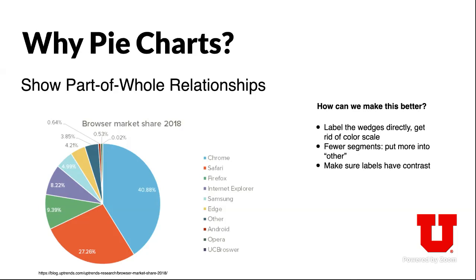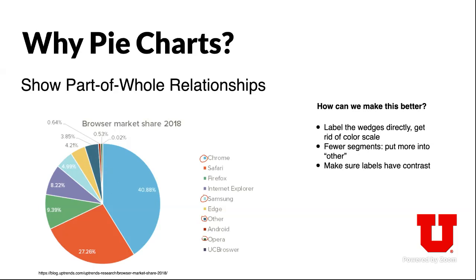The numbers here are kind of pushing the limit. So for example, Other versus Opera and Samsung versus Chrome. Samsung versus Chrome is okay to distinguish, but Other versus Opera, they are also pretty small. So I'm not completely sure which of them is which segment here, right?